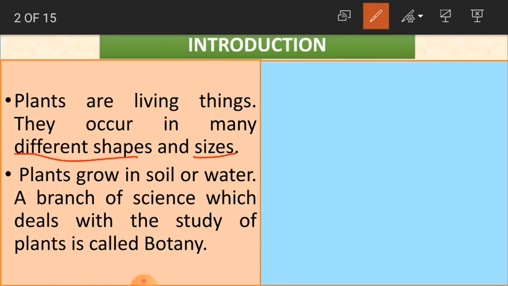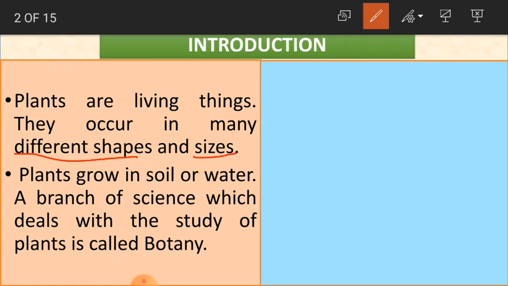Even human beings have different shapes and sizes. Same like that, even plants have different shapes and sizes. So if you see a mango tree, it's a very big one. And if you see a small money plant, it's a very small one. Again, you have different types in the plants, which you are going to learn in your further classes.